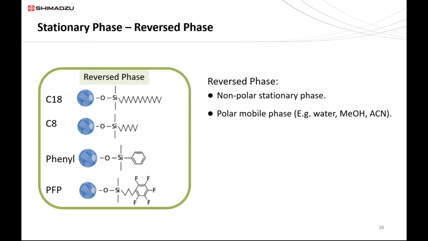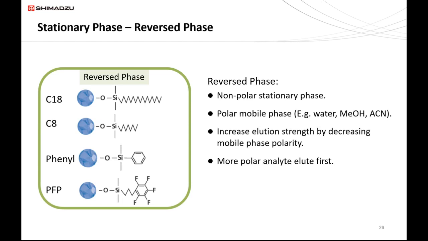The elution strength can be increased by decreasing the mobile phase polarity, meaning increasing the organic content in the mobile phase. Generally, the more polar analytes will elute first, but this can also be affected by the additional interaction offered by different phases. In this presentation, we will only be focusing on the C18 columns.